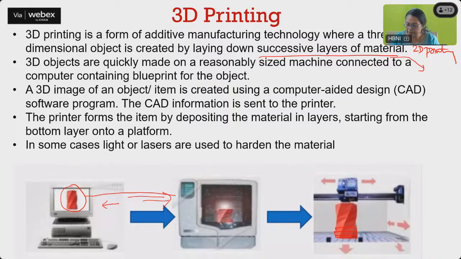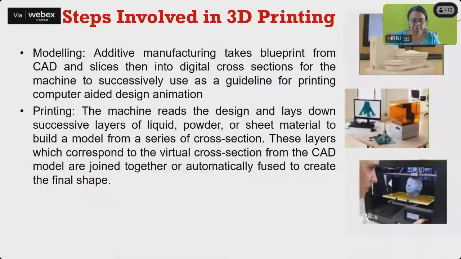Our printer deposits some material on this platform, taking information from our computer aided design layer by layer. The same printing is happening, but now for every layer it will take information from the computer, print it, then again take information about the next layer and print it. That way you can make the 3D object. So that is 3D printing.